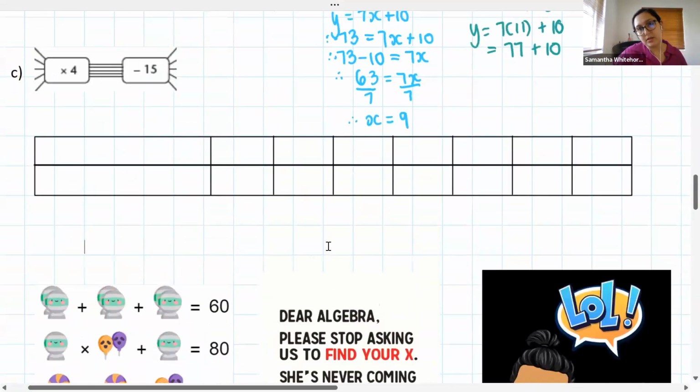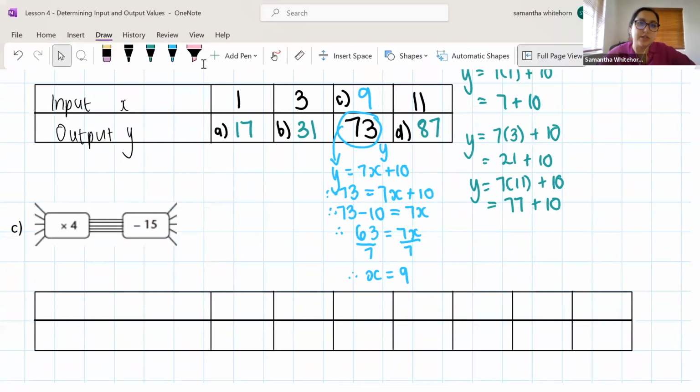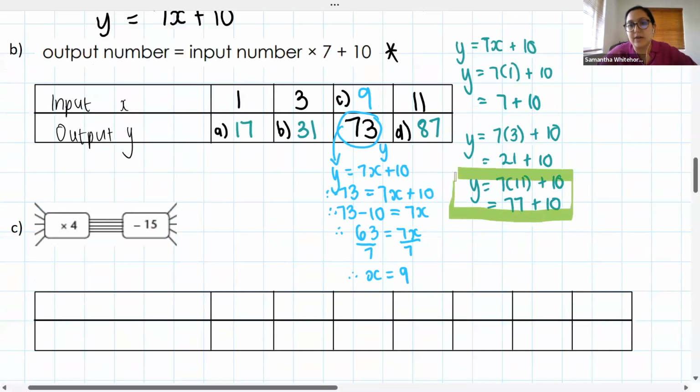So just quickly, if we go to D, in terms of how we got 87, so let's just do this quick sticks, otherwise it's going to be quite confusing. This bottom substitution over here is how I got question D. So I know what my input is, it's 11, so I substitute 11 in my equation, so 7 times 11, which gives me 77, and then I've still got the plus 10, so 7 times x, 7 times 11 plus 10.